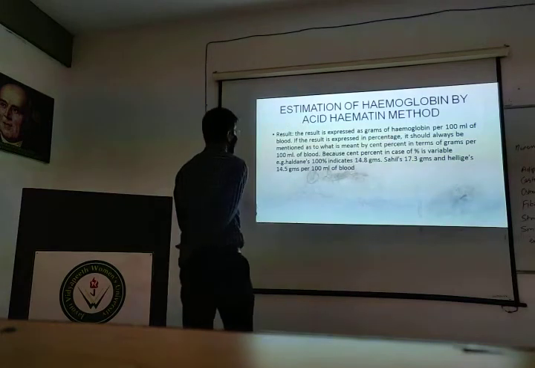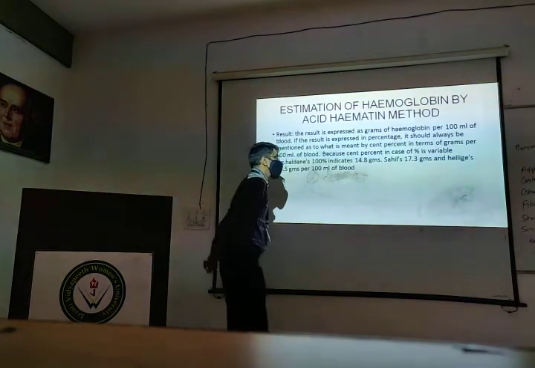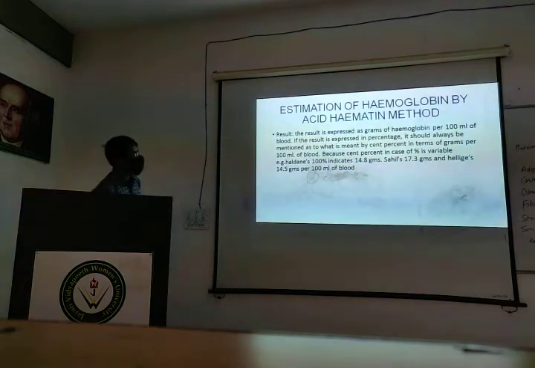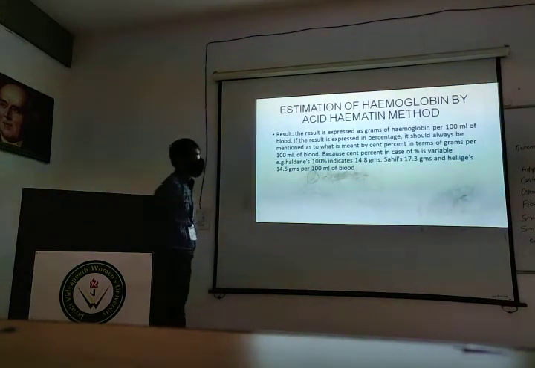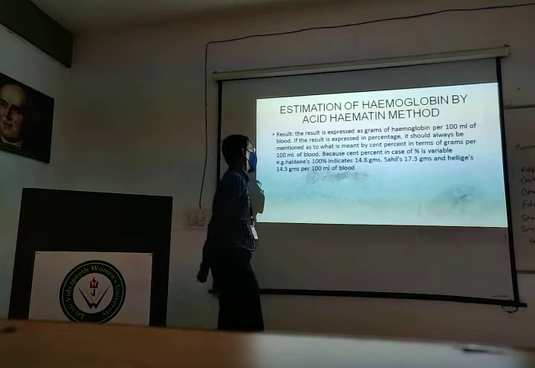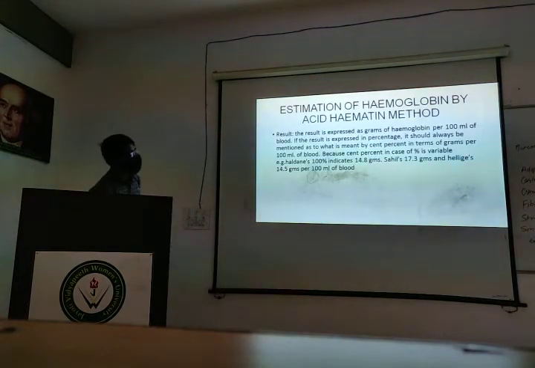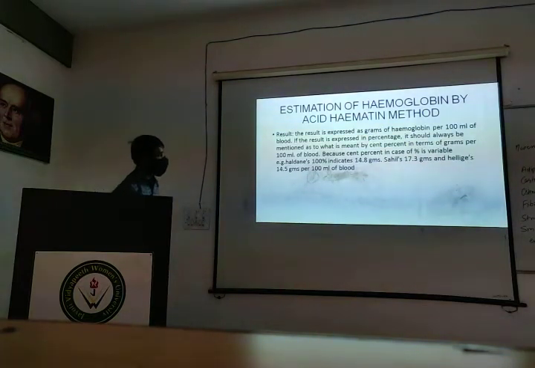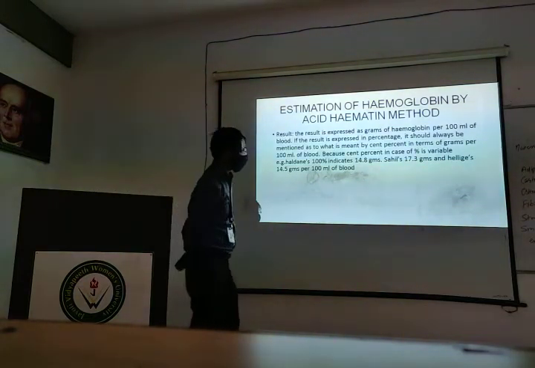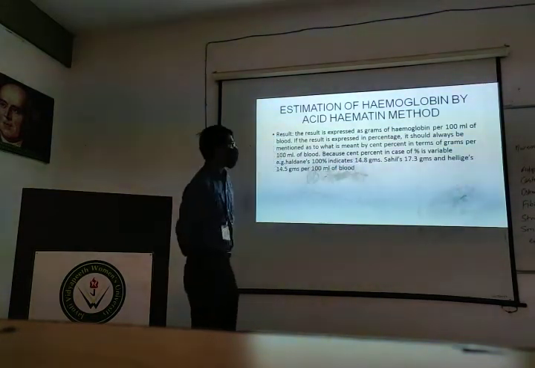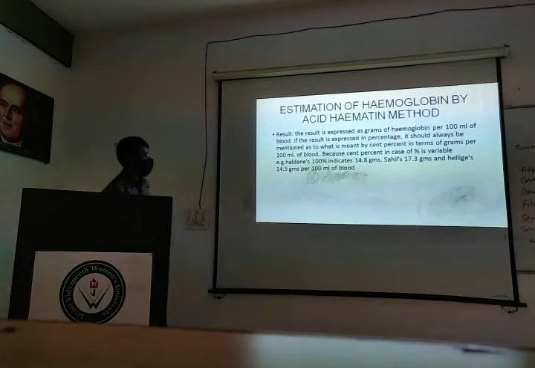If the result is expressed in percentage, it should always be mentioned what is meant by percent in terms of gram per 100 ml of blood, because percent is variable: Haldane's 100% indicates 14.8 gram, Sahli's 7.3 gram and Helin's 40.5 gram per 100 ml of blood.